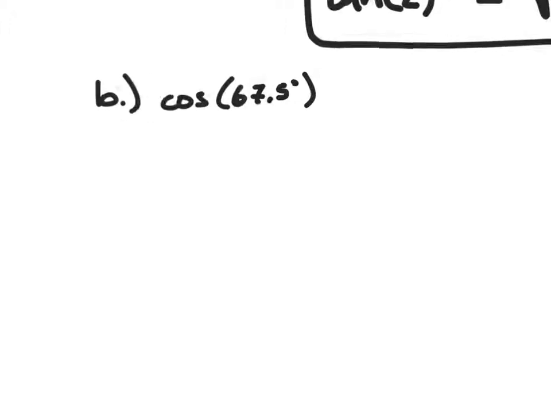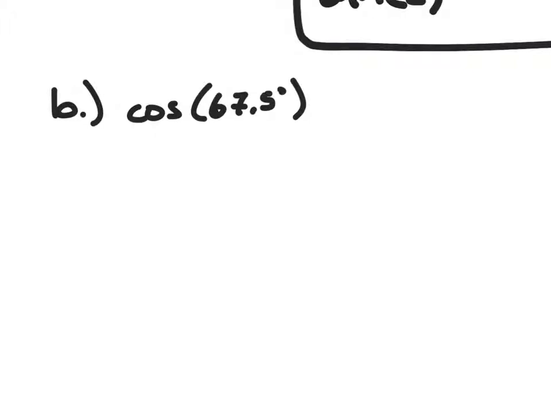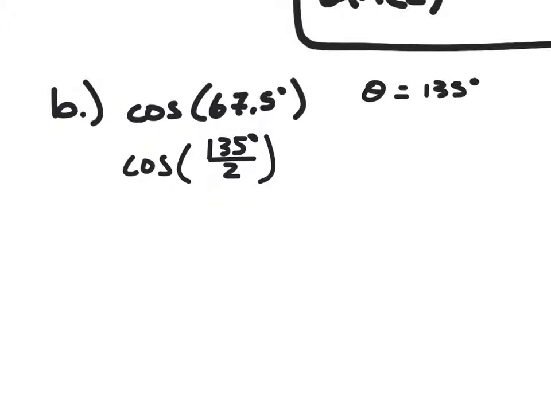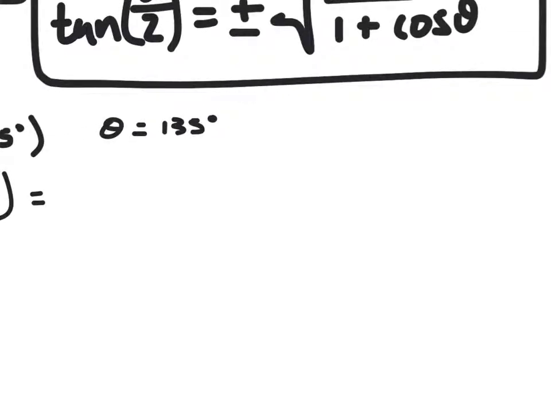So I could rewrite this, what is it, 135 divided by 2? So I would write this as cosine of 135 degrees over 2. So in this case, theta would be 135 degrees. And then we could rewrite this because 135 degrees is in quadrant 2. Okay, it's over here.